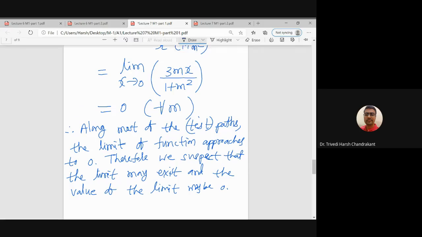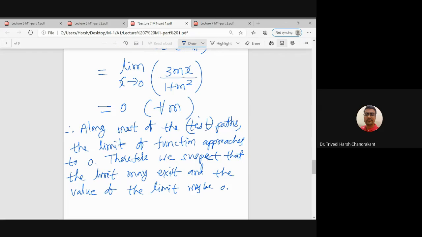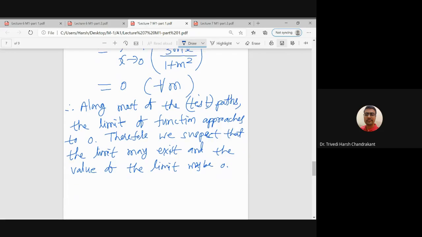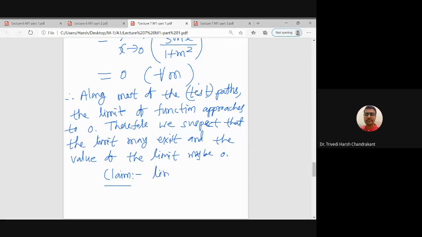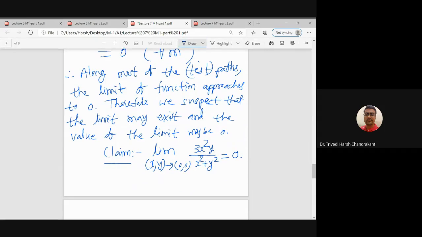Right, so 0 we are guessing because we have found the iterated limits and the limit of the function along the path y equals mx. So now we have a claim: can we show that the limit as (x,y) approaches (0,0) of 3x square y divided by x square plus y square is 0? So this is our claim. So can we prove this? That is a question.